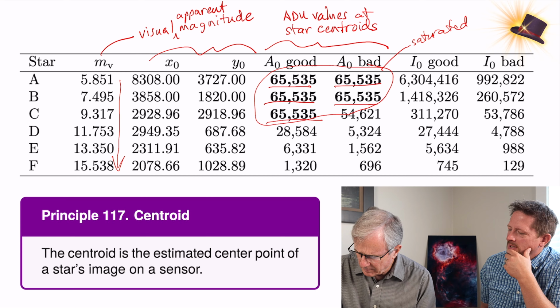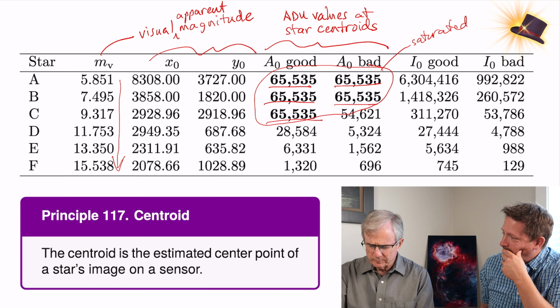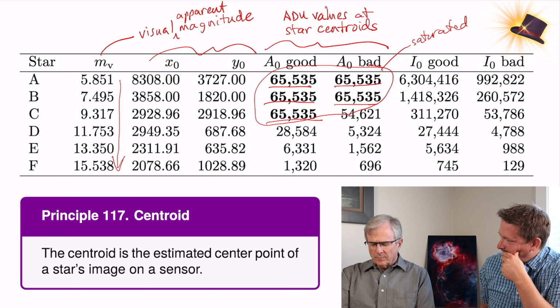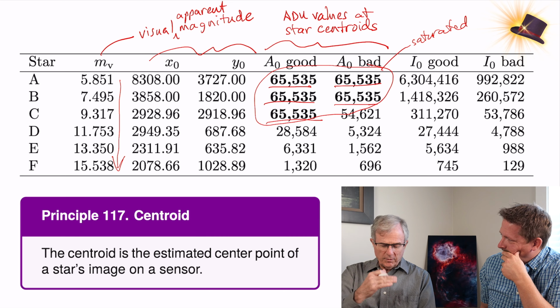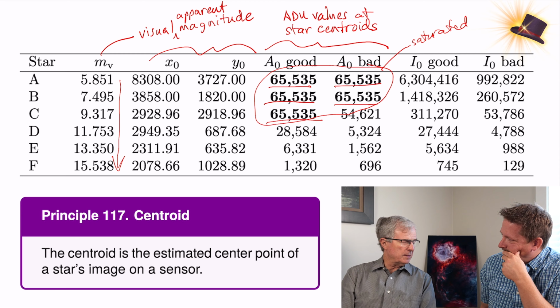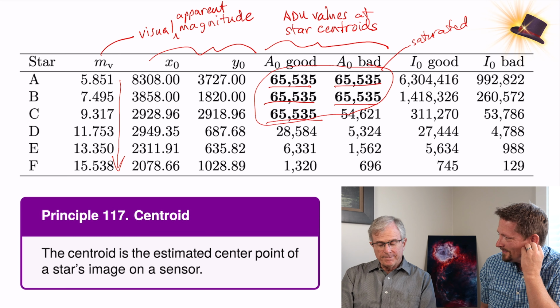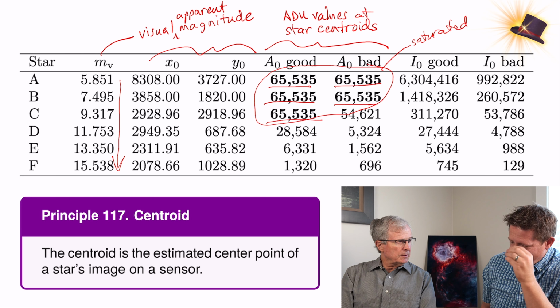So how does that relate to our sensor, like well depth? It means that each of those centers of those stars reached the well capacity. There was no more the sensor could take in because it was full. That's right.